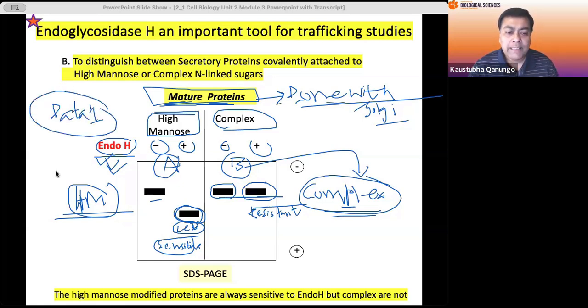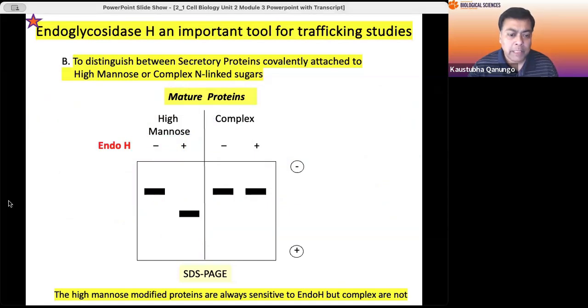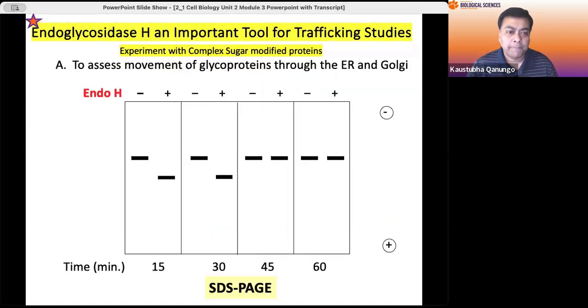Now, let's go to the previous slide. You are going to use data set one to answer this data set two. This is your data set two.